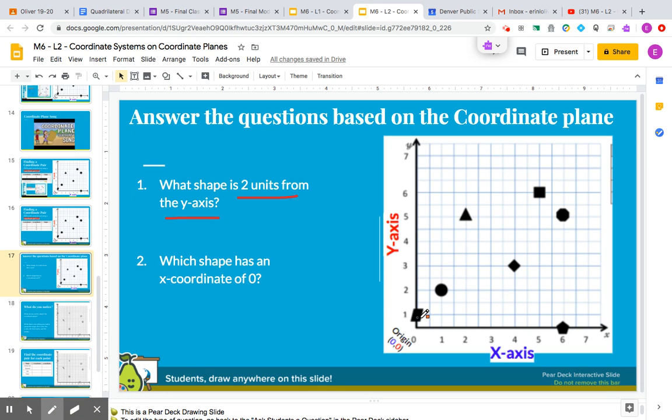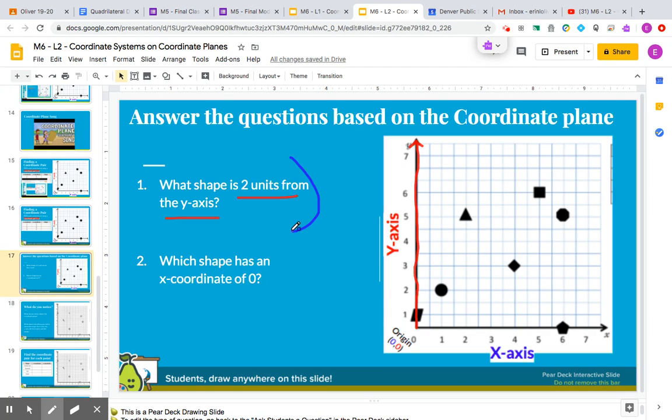Now, this is my y-axis right here. If I'm moving away from it, that means I'm not on the y-axis. That means I'm actually 2 units farther from it.